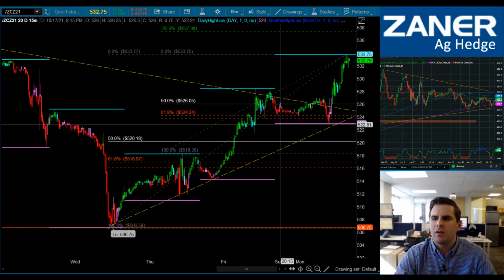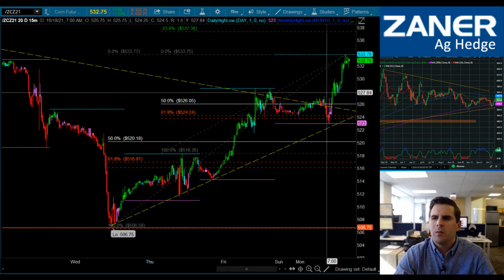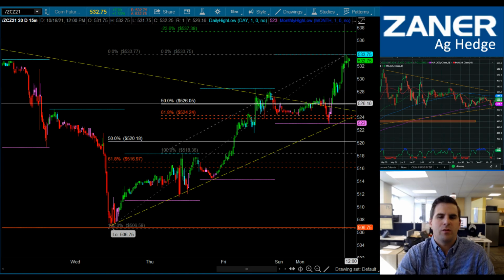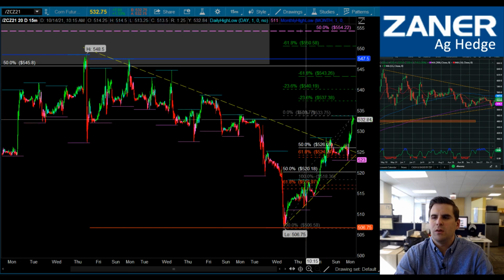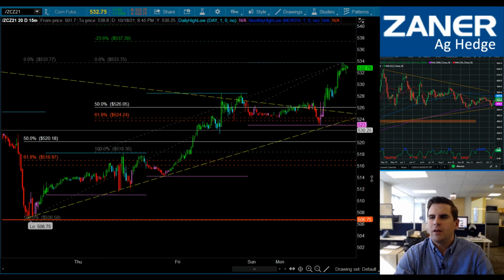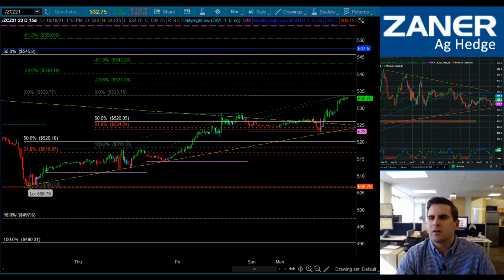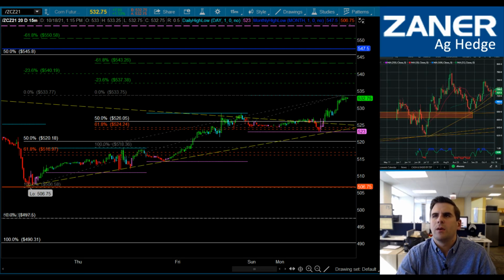Even from today's low, 522 to 533, could be coming around the 528 area. Look for that supportive area around 526 for corn to continue higher here in the near term, and for another test up towards 550. I think that's probably in the works here in the near term.